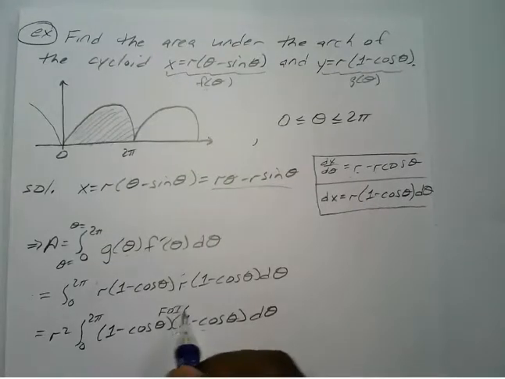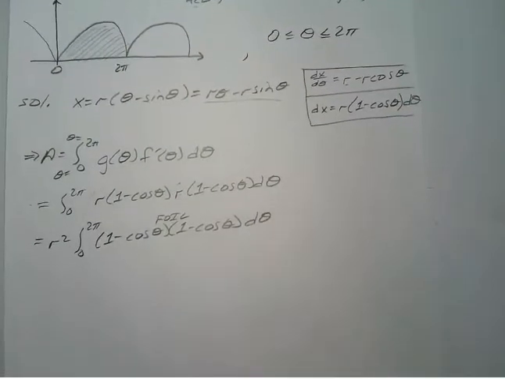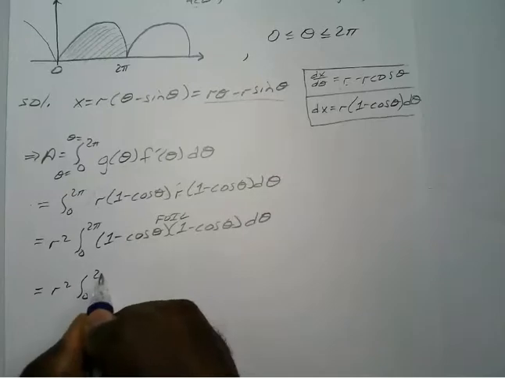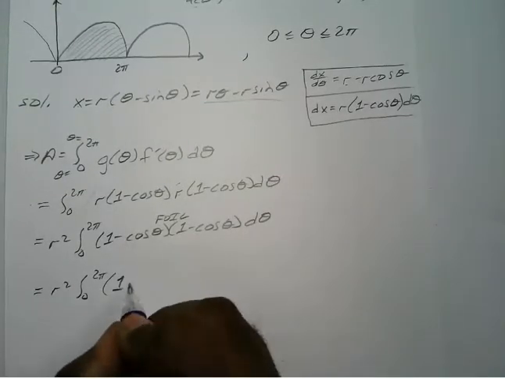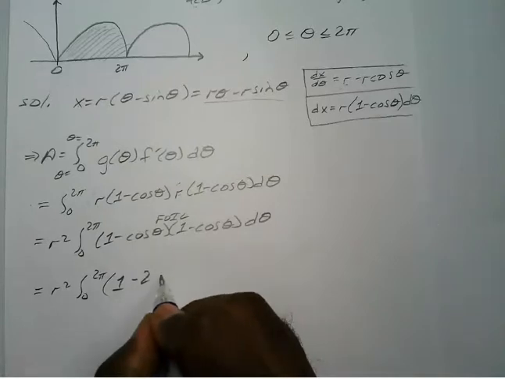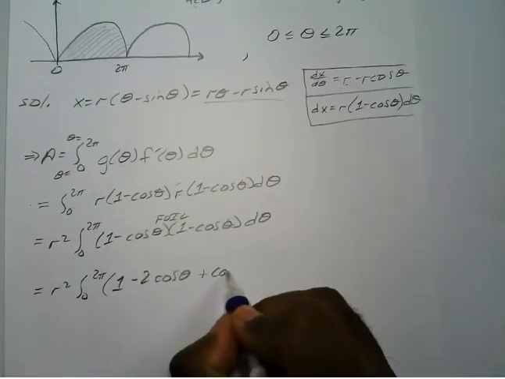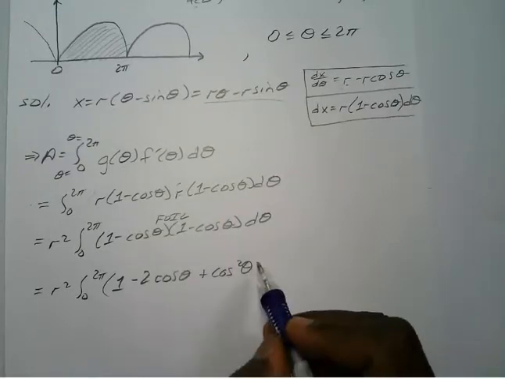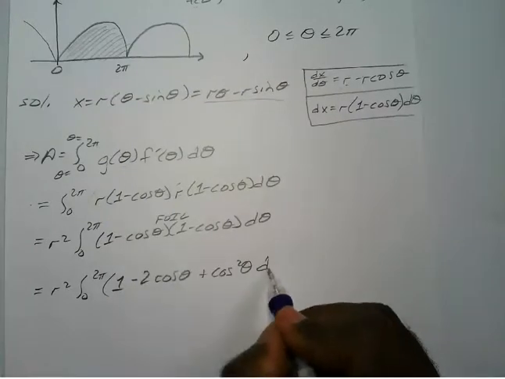And we can just use the FOIL method there. That would give us 1 minus 2 cosine theta plus cosine squared theta once we do our outer and inner, d theta.